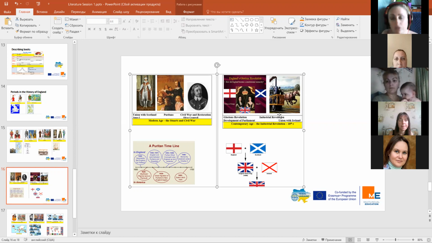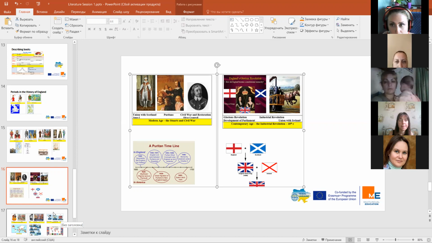Then the Industrial Revolution, great changes in the world. England becomes the most industrialized country in the world, and the life of people changes greatly. What are the events connected with the Industrial Revolution? Maybe it's the Victorian age, which influenced all of the British culture.